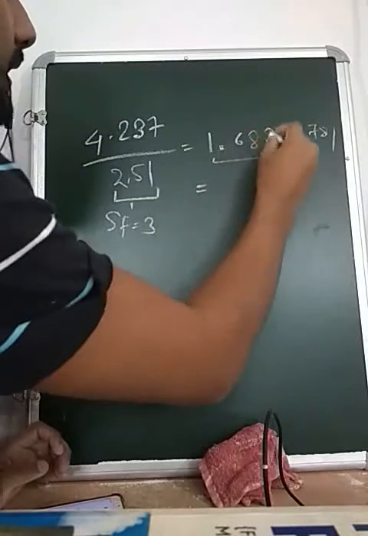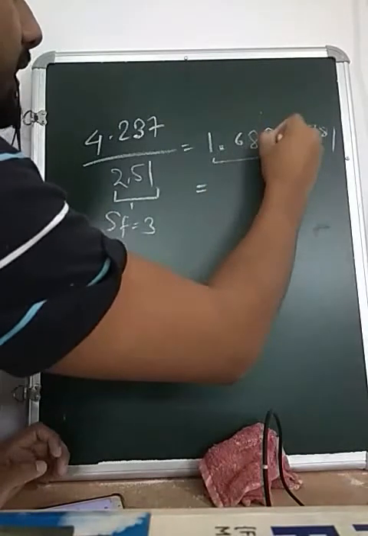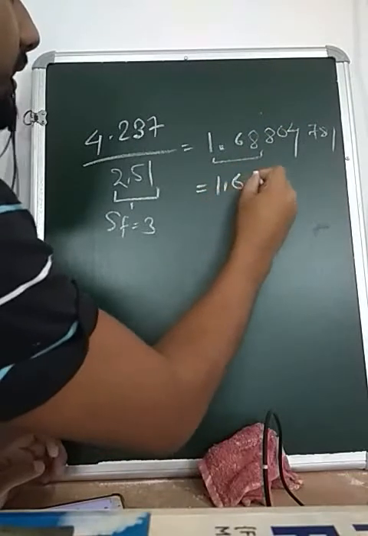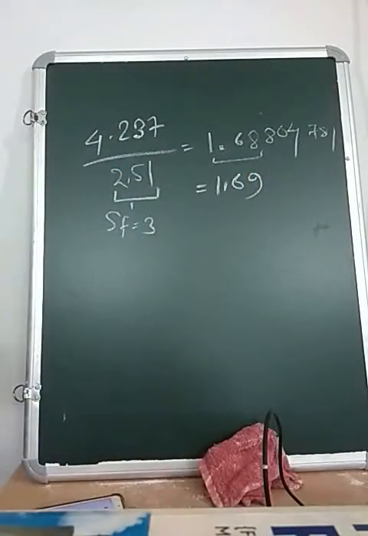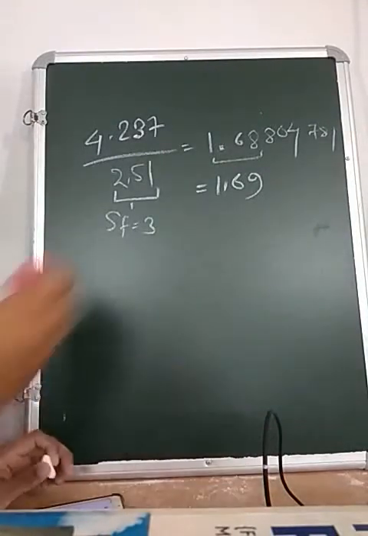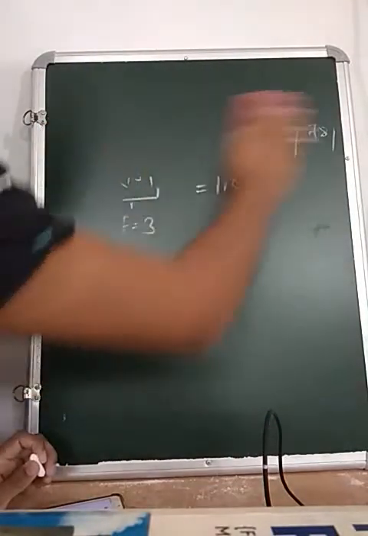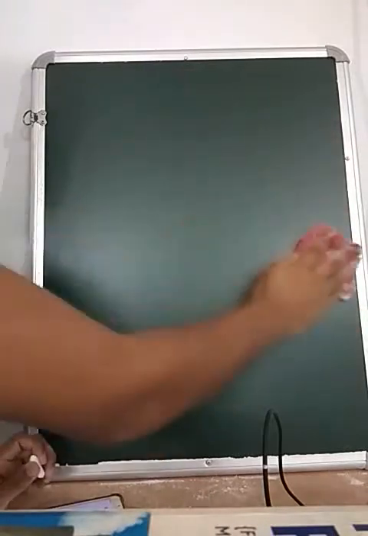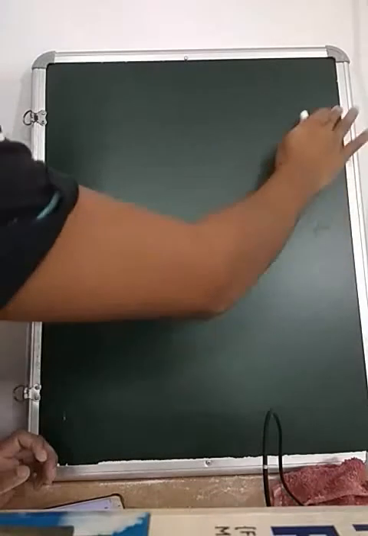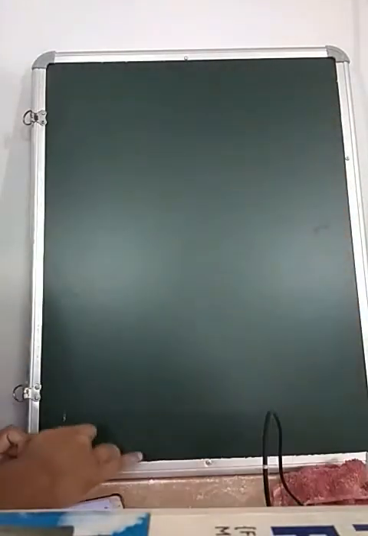So how do we do this? Here we see the fourth digit. Okay, this is 8, greater than 5. So how do we write it? 1.69. Okay, this is how we do division when dealing with significant figures.